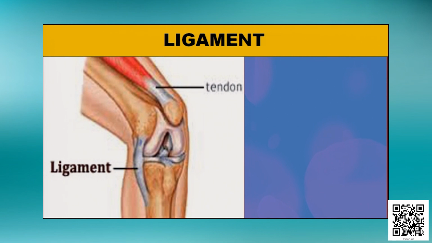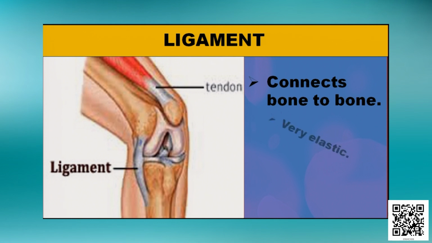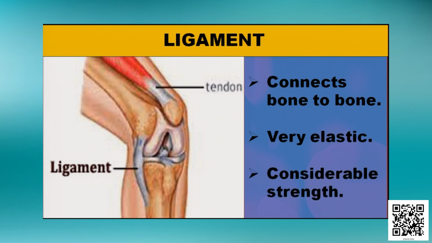It is a type of connective tissue called ligament. See the picture of the ligament? Ligament joins bone to bone. A type of connective tissue which joins two bones. But it is very elastic, but strength is very less. Just the reverse of tendon. The strength is less but very elastic in nature.